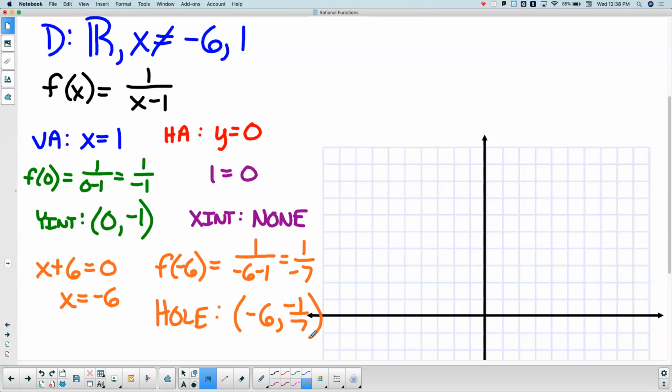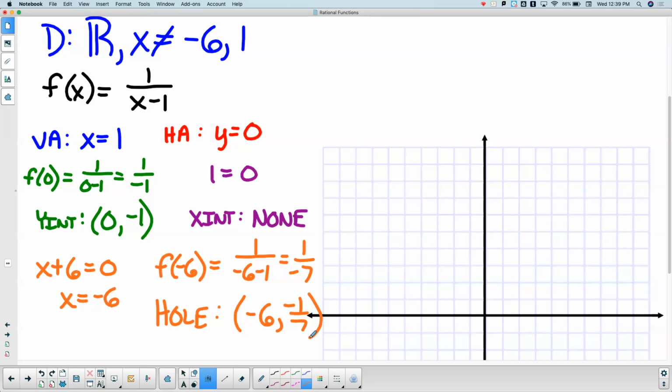Agree with everything that I've got so far. I got my new function. Well, the domain of my original function is all real numbers, but x cannot be -6 or +1. x plus 6 factored out from both top and bottom. So that leaves me with 1 over x minus 1 as my new function.